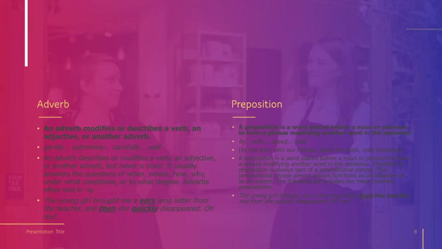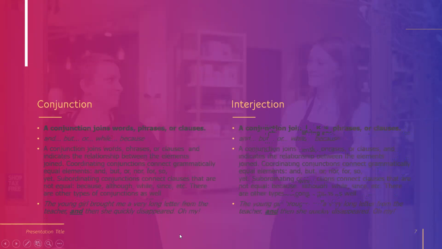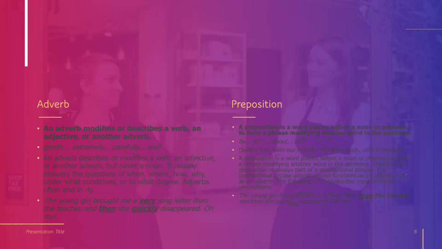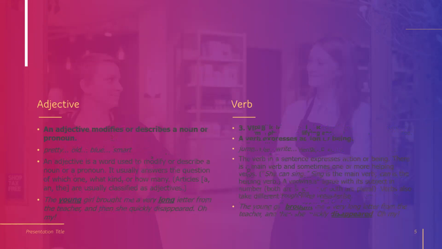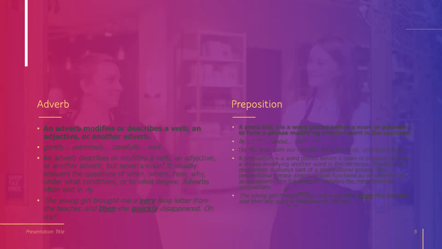Now see the same sentence. The young girl brought me a very long letter. In the previous one, long was the adjective. So long was describing the letter. How was the letter long? Now in this adverb option, very is the adverb.